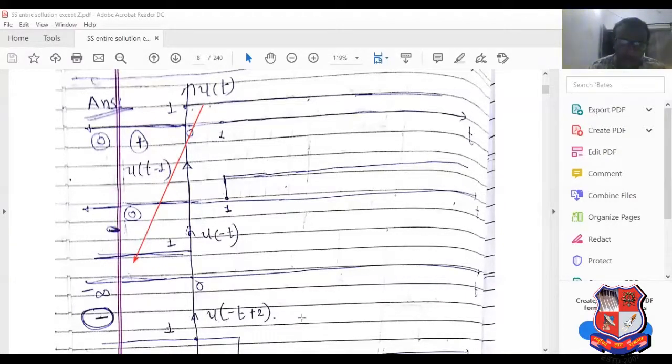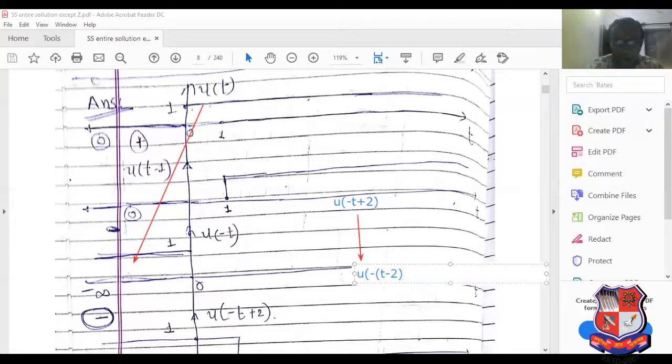U of minus t plus 2. If you refer to my previous lecture, what is the meaning of u of minus t plus 2? It can be indicated by first writing u of minus, bracket, t minus 2.